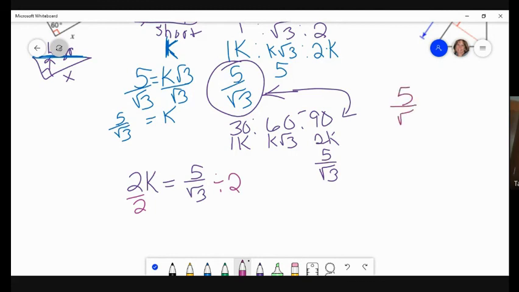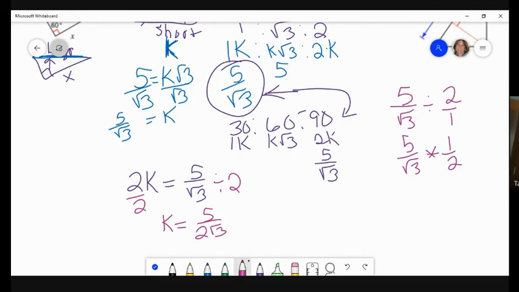I know y'all probably just typed it into the calculator, but when you're dividing by fractions, just remember: keep it, change it, flip it. Sometimes y'all would have had same, change, flip. Might be one way y'all learned it in grade school. So k is 5 over 2 square root 3.